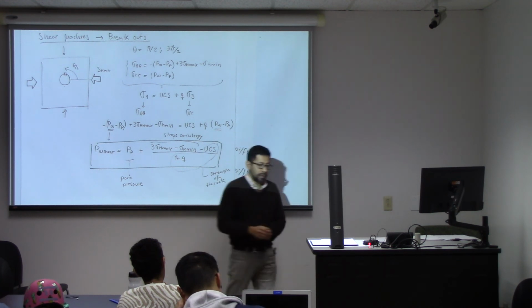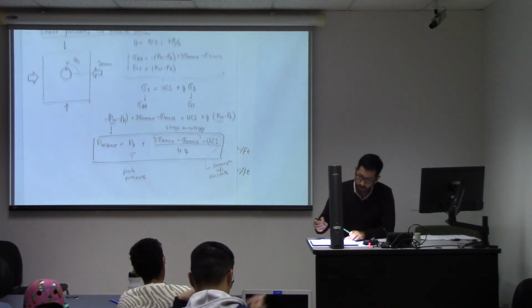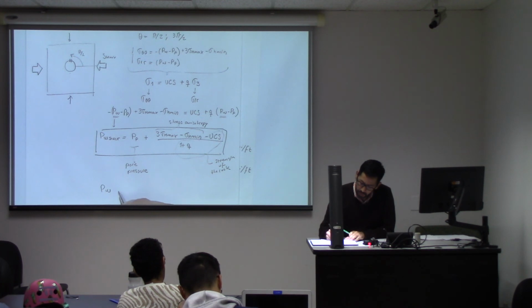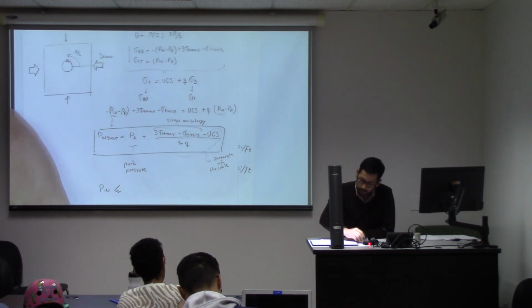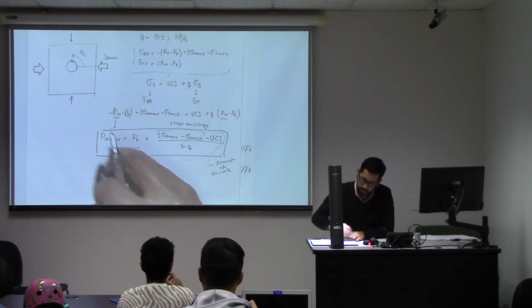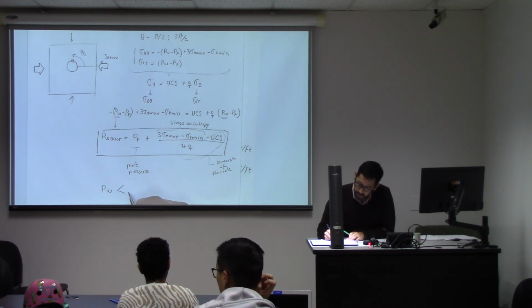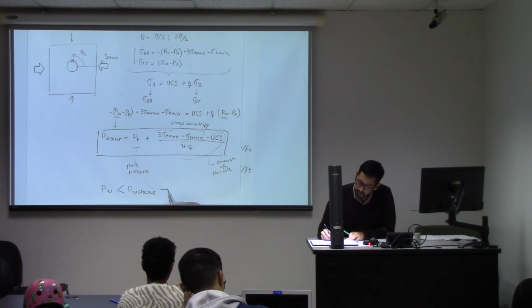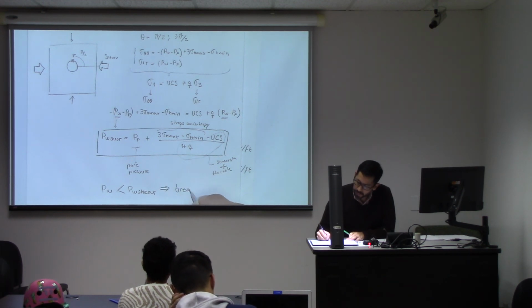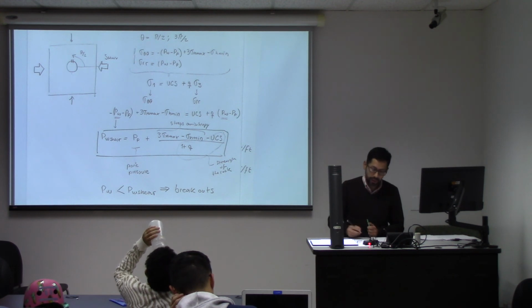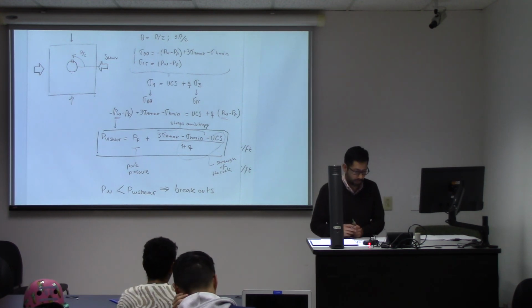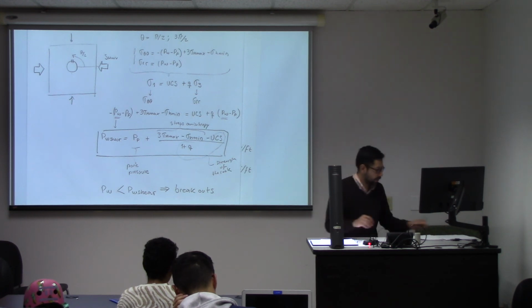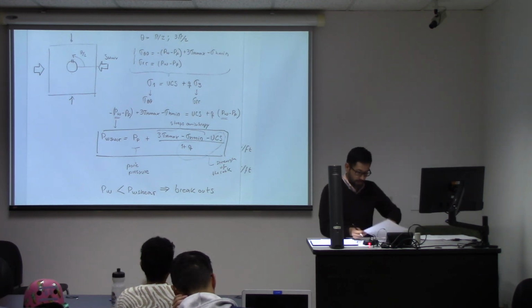If you go below that, so if the pressure in the wellbore is lower than this pressure, then you will cause what are called breakouts. Breakouts are nothing other than shear failure around the wellbore wall.